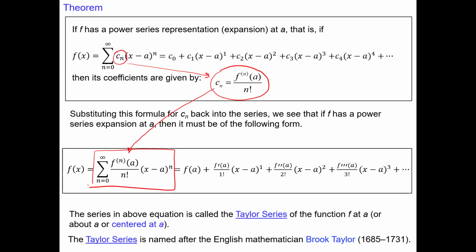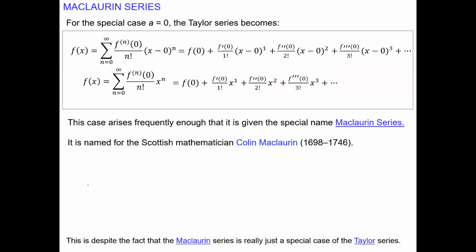Since one of the English mathematicians, Brook Taylor, worked on this formula, we will call this the Taylor series. If we see this formula, it is the Taylor series centered at a. Then we also have a special case of a Taylor series, which is always centered at 0. When we have this, I just replace a with 0.